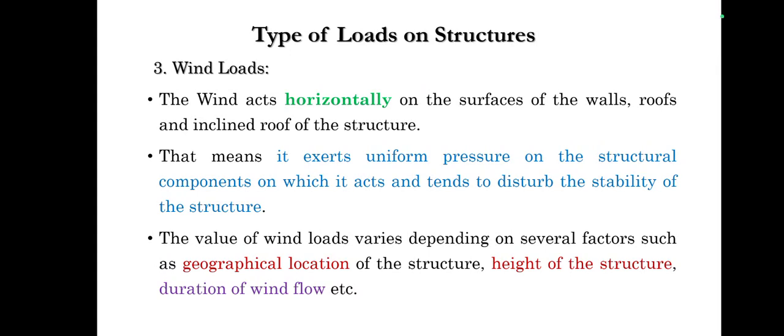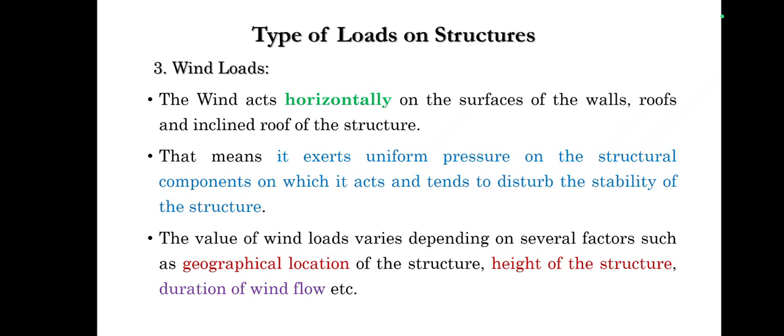Next is wind load. Wind load is a force which acts horizontally on the surface of the wall or roof, or acting horizontally on the inclined roof of the structure. That means it creates a uniform pressure on the structural components, which tends to disturb the stability of the structure.